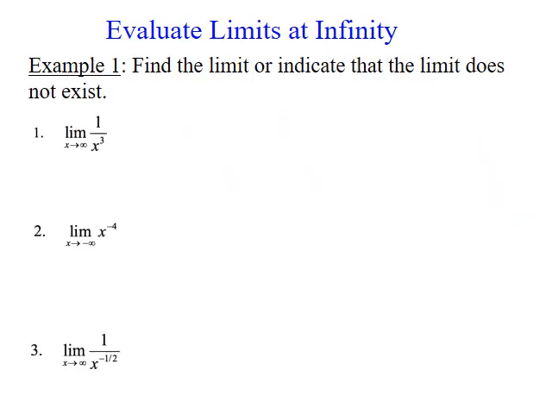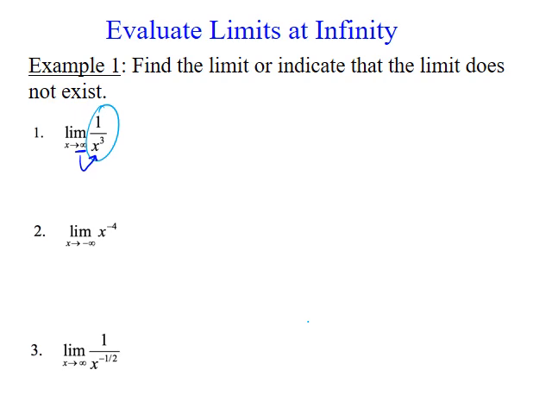So here in example 1, it says find the limit or indicate that the limit does not exist. If I look at these problems, really all I'm trying to do is see if there's a horizontal asymptote. When I look at this, there's only an x value in the denominator, which means I am simply going to be plugging in x values that get bigger and bigger in this denominator.